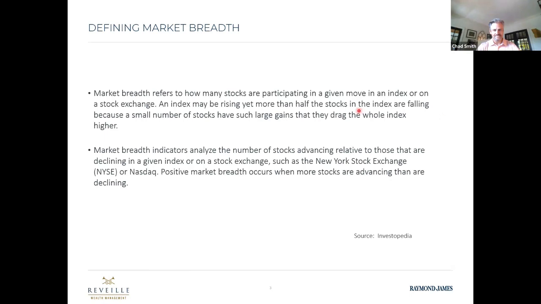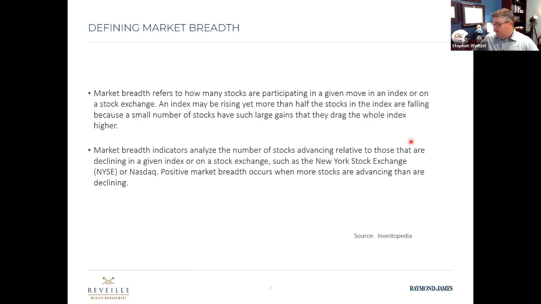But the general idea here is that market breadth is all about participation. How many stocks are going up versus how many stocks are going down. And in order for markets to sustainably advance, we really need to see broader and more full participation. We can't just have a handful of stocks that are holding up the index.